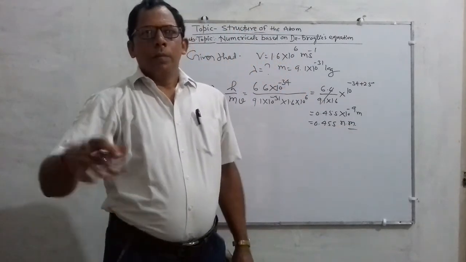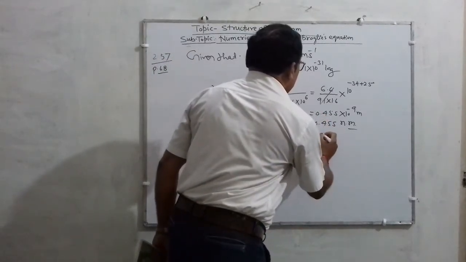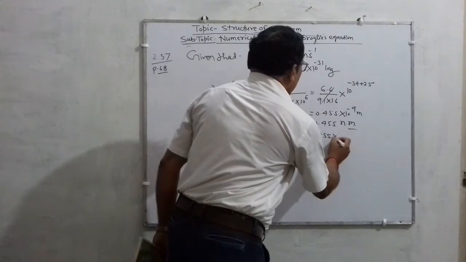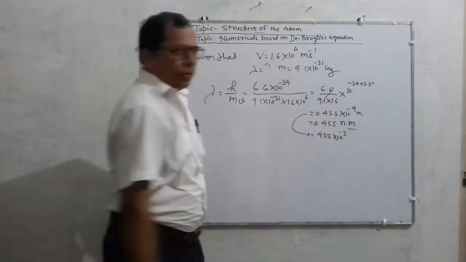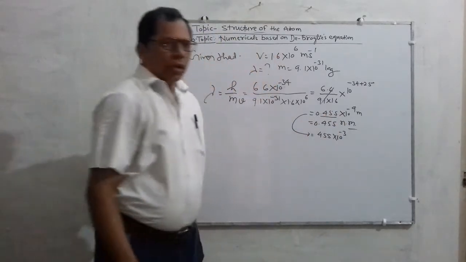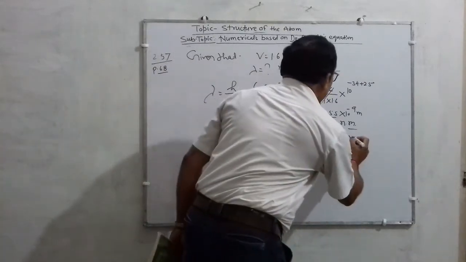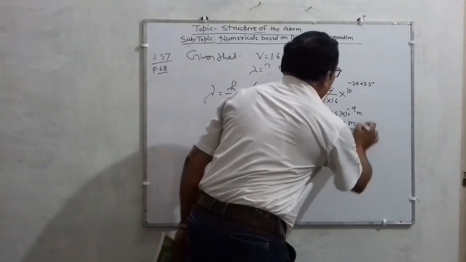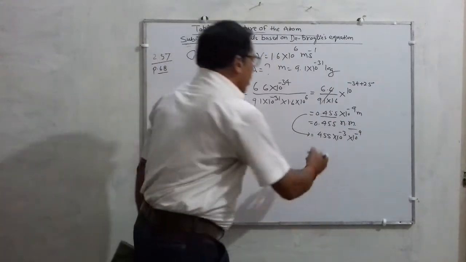But more accurately, this can be written as 455 into 10 to the power minus 3. This is 0.445. So children, that can be written as, okay, already given 10 to the power minus 9. So minus 9 and minus 3, 10 to the power minus 12.